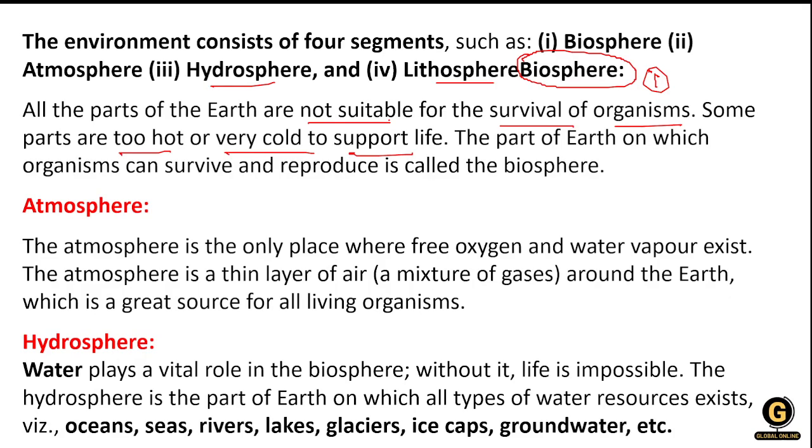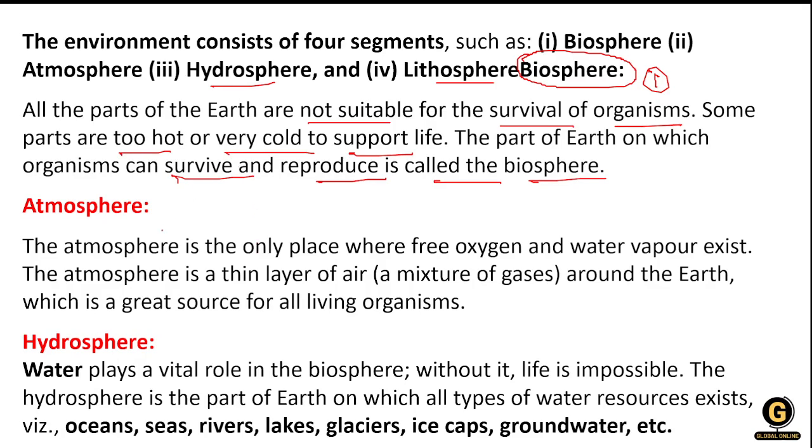That is the meaning of that. There are different kinds of surroundings and different kinds of organisms, and the places where they can survive are different. Clear? The part of earth on which organisms can survive and reproduce is called biosphere. Understanding? The surrounding where those animals can survive and reproduce is called biosphere. Understand? Clear?